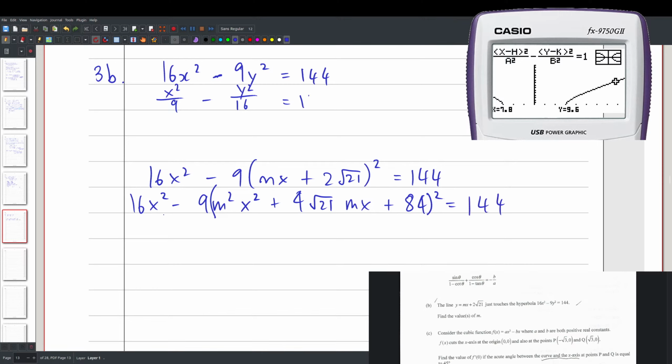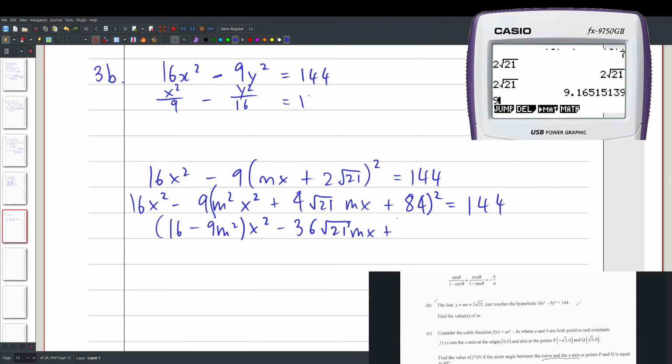Okay, alright. The 16 minus 9m squared x squared plus, oh no, this is minus 36 root 21 mx plus 9 times 84. What's 9 times 84?